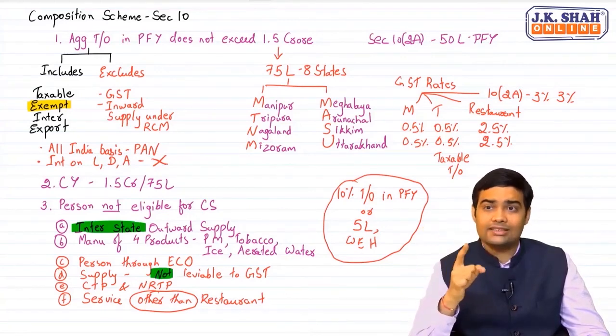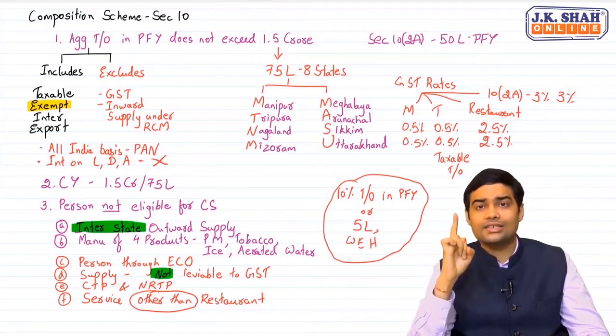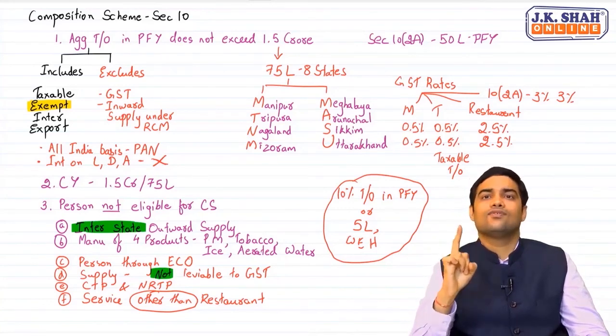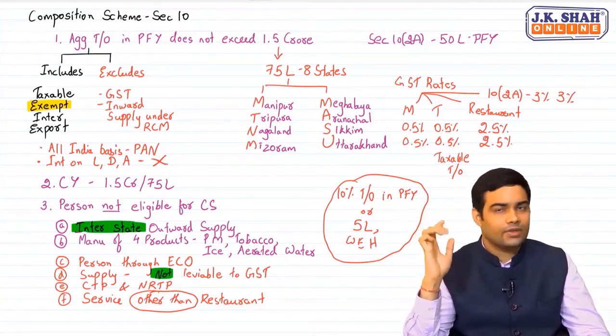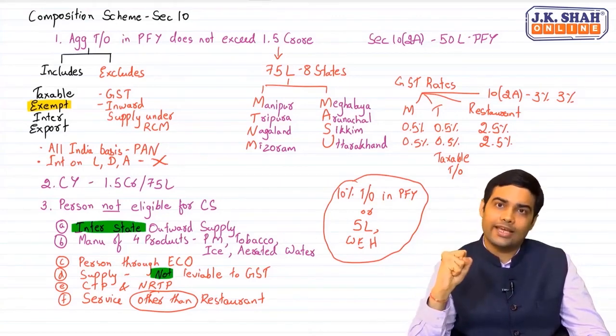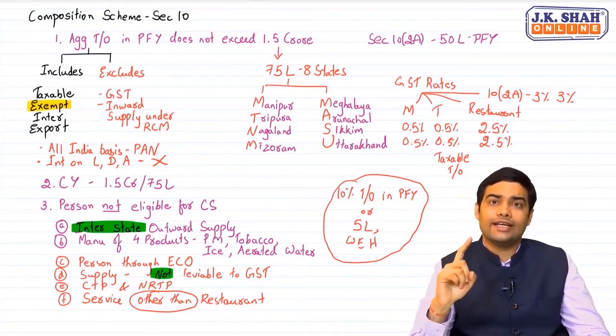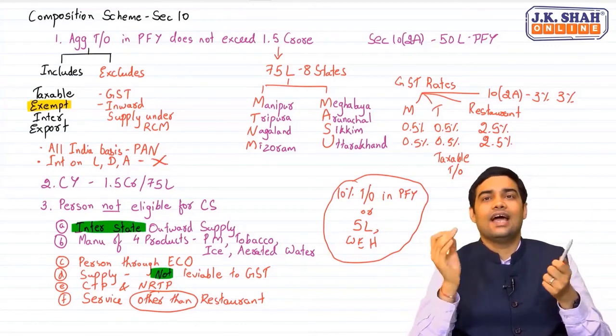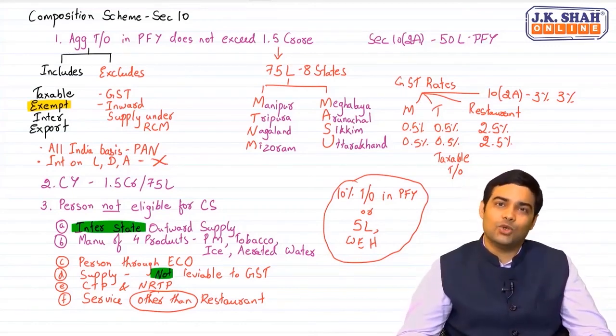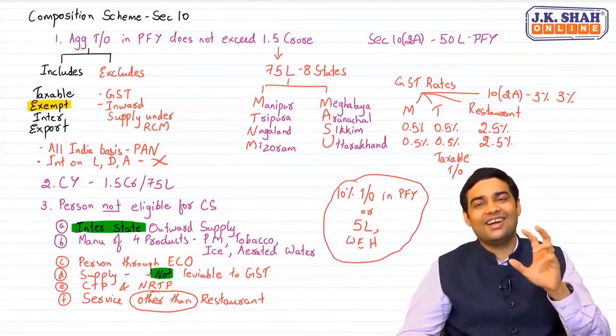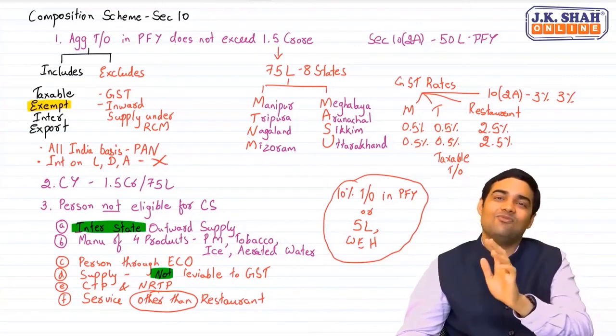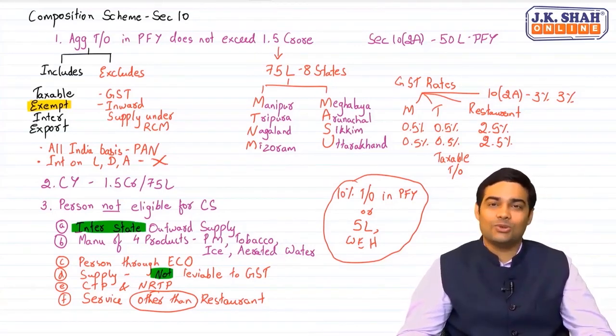That also means regular to composition is permitted only on 1st April. Understood? Okay. One very important point is all the branches have to take composition scheme together. It is not possible that few branches are under regular scheme, few branches are under composition scheme. That is not permitted in the law.